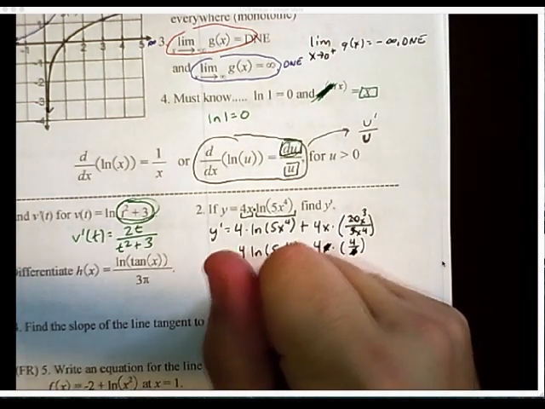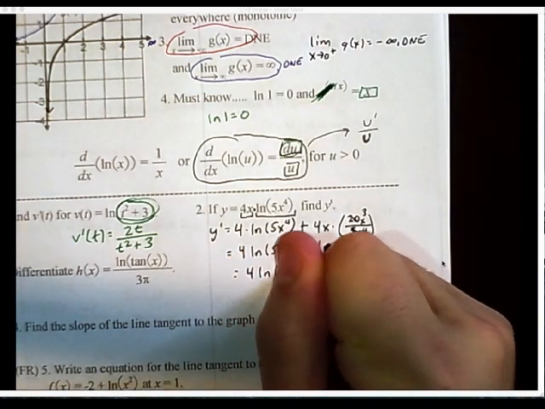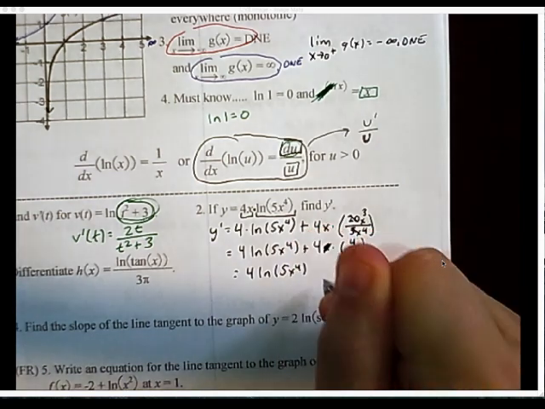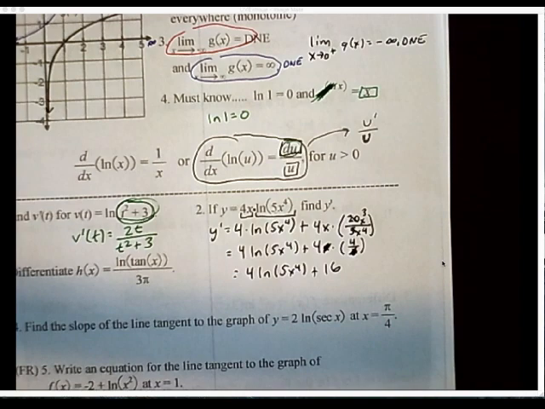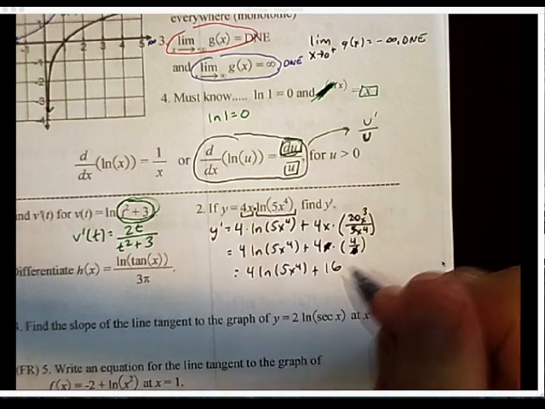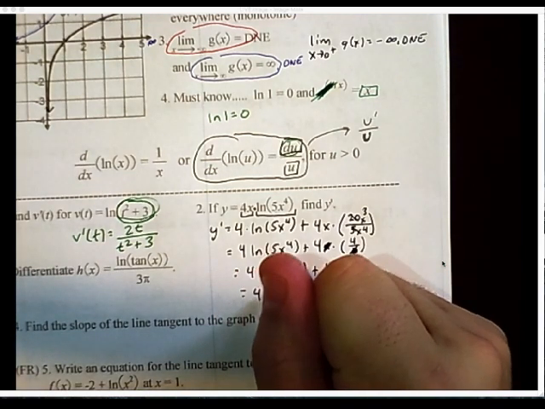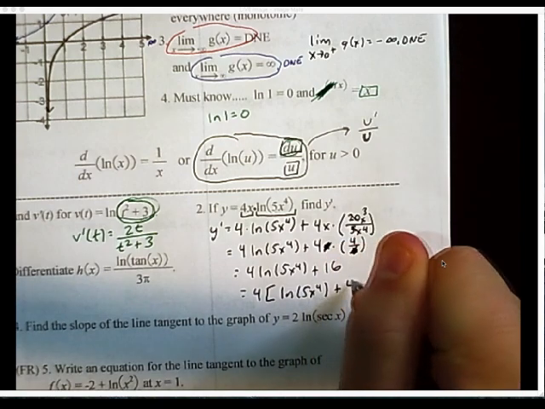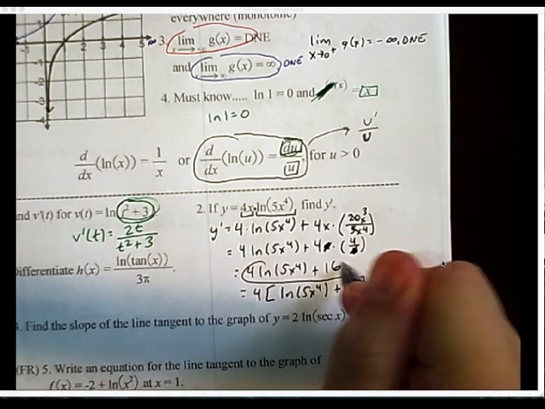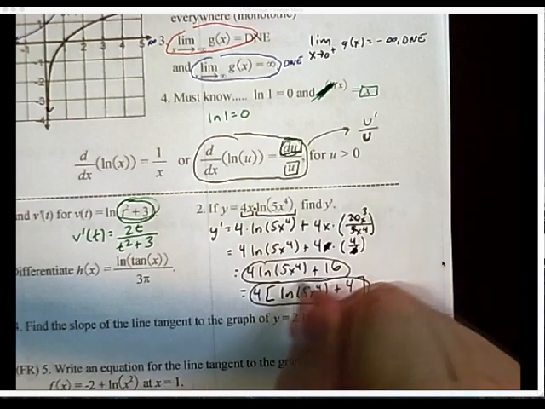So here you're left with 4 ln 5x to the 4th plus 4 times 4, which is just 16. Or you could factor out 4, and you get 4 times ln of 5x to the 4th plus 4. Either one of these answers would be acceptable if you simplified.